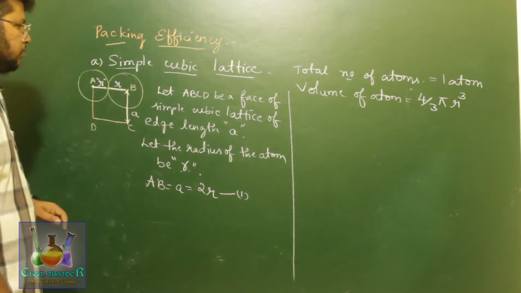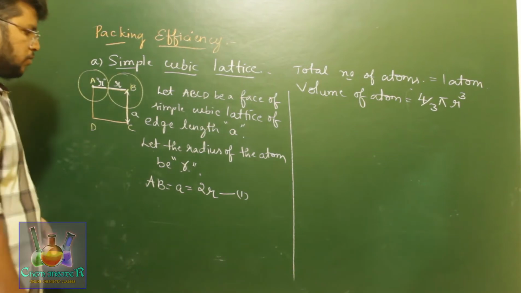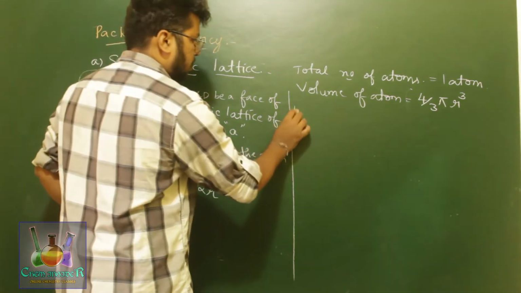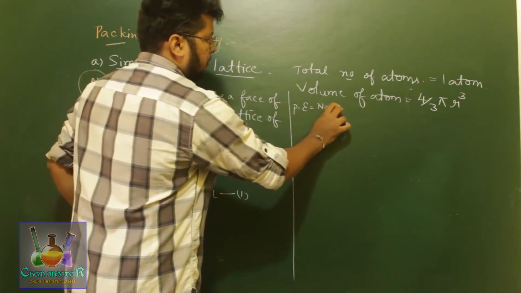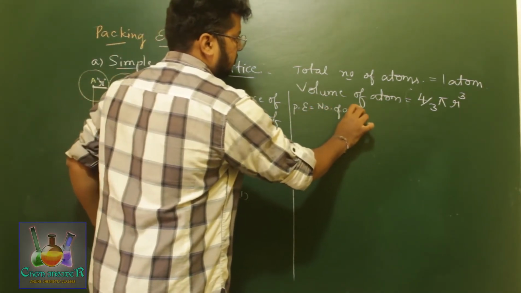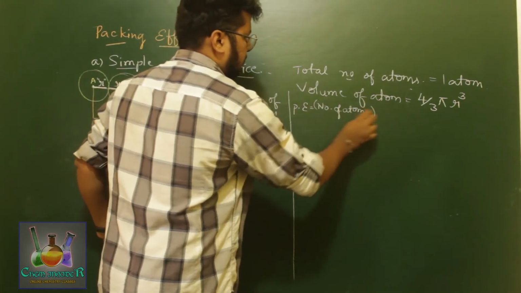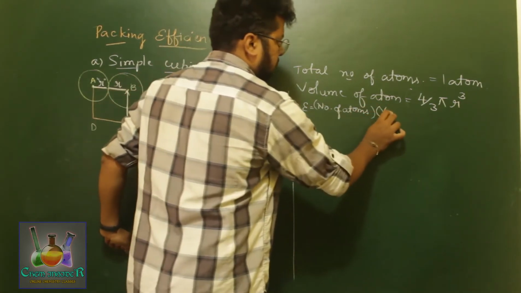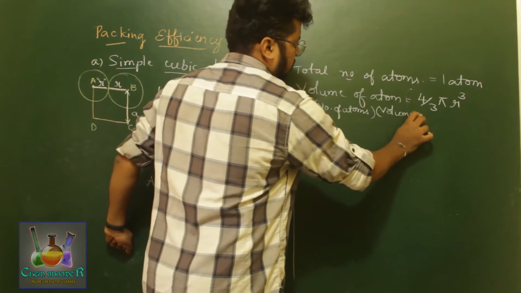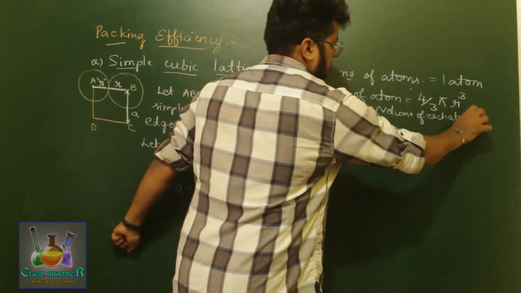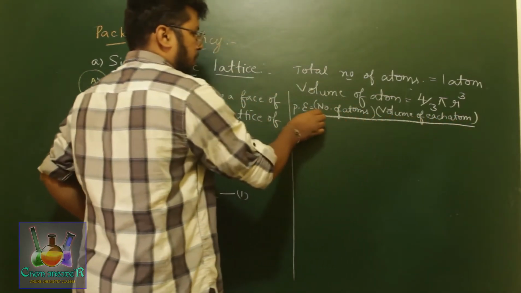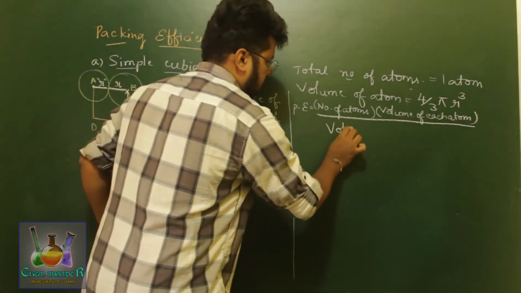Okay, so now for the packing efficiency formula. What does the packing efficiency formula say? Packing efficiency is equal to number of atoms multiplied by volume of each atom, whole divided by volume of the unit cell.